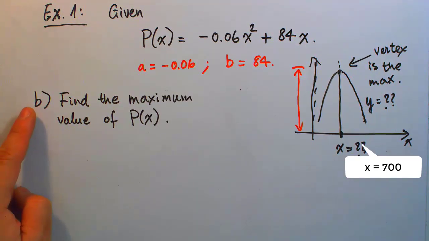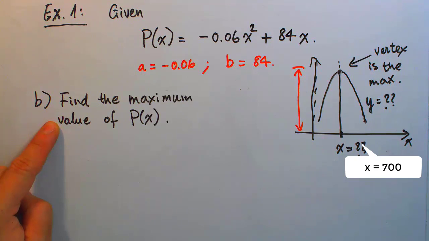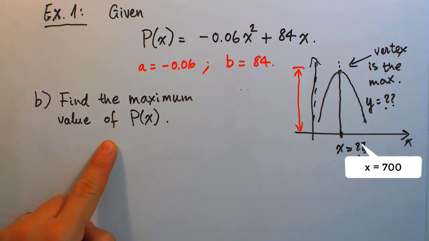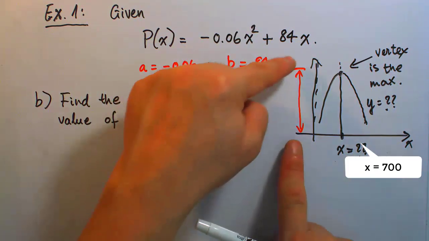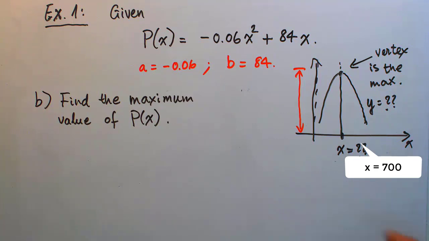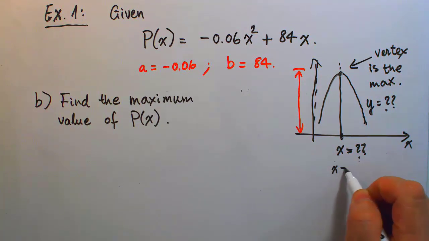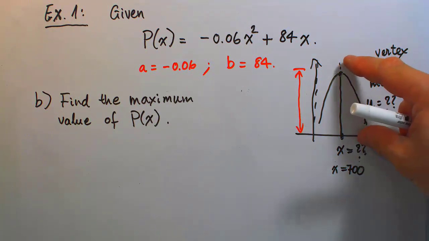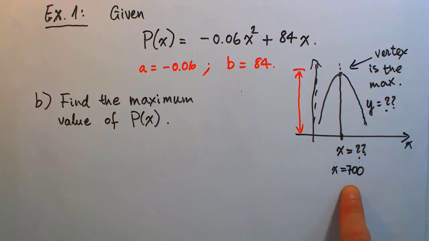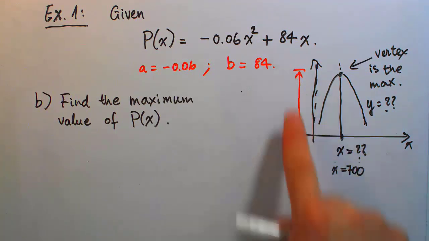And so this way of how I'm wording the problem is quite standard, but it actually brings up immediately the intention that we need to find how high the y value of your function can reach when x equals 700. Keep in mind after part A we already found the function will reach the maximum height when x equals 700, but we did not answer how high that y value was.